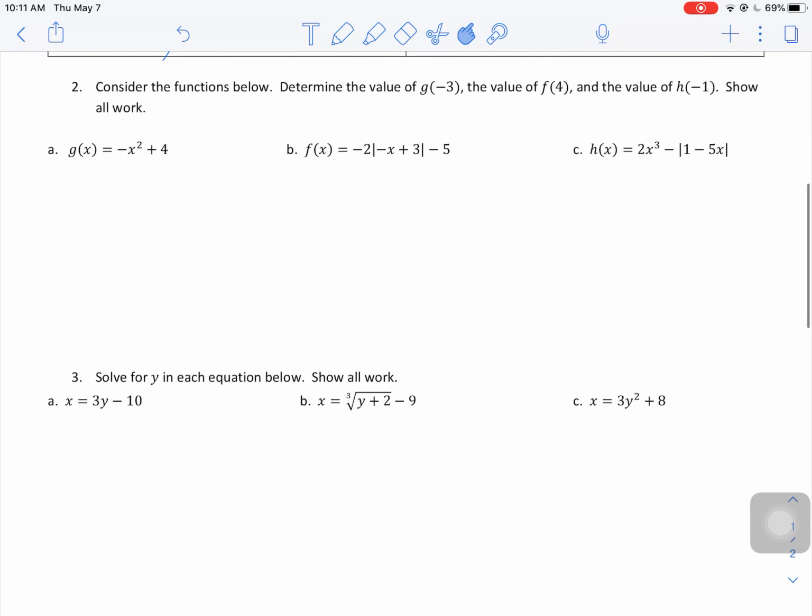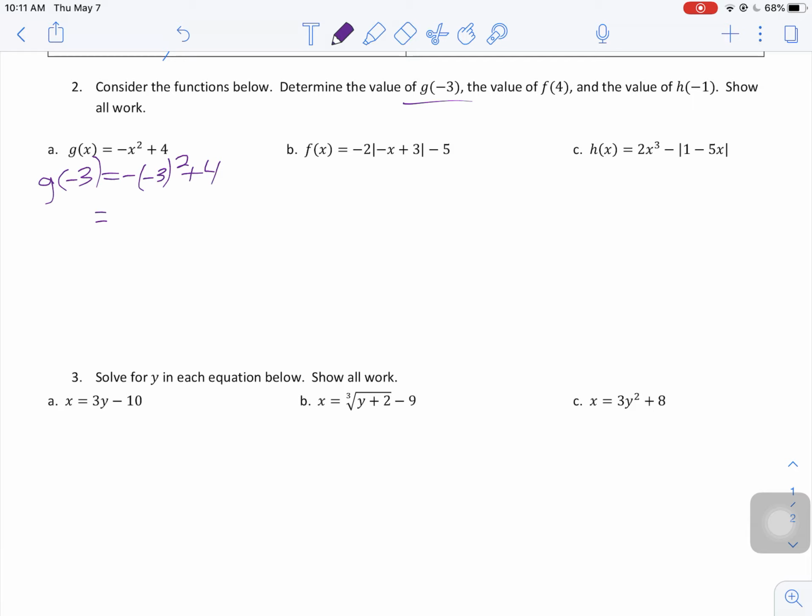Number 3. I think you'll find this a lot easier than number 1. So all they want you to do is practice evaluating functions. So we give you a bunch of functions, and then we say find these different values. So g of negative 3 literally means take negative 3, plug it in to the g function, and wherever I see an x, put in a negative 3 in parentheses, and then you're just going to simplify following order of operations.